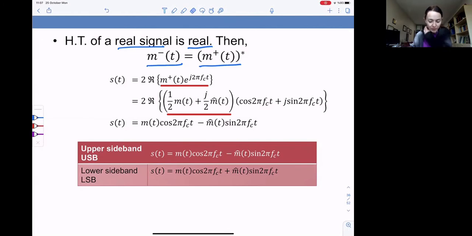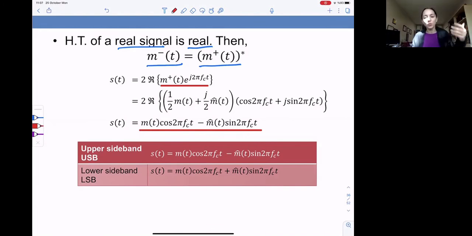By multiplying out the terms, the 1/2 will cancel with this 2. As a result, we are going to get m times cosine minus m Hilbert times sine. What do you think we've done?